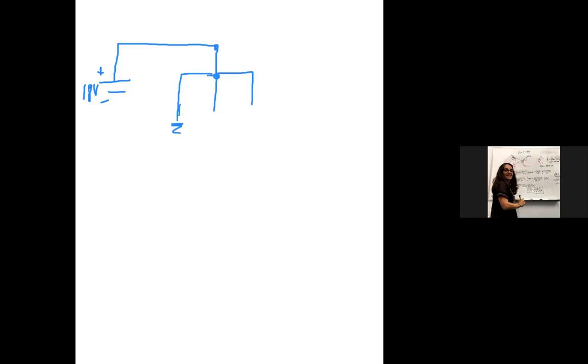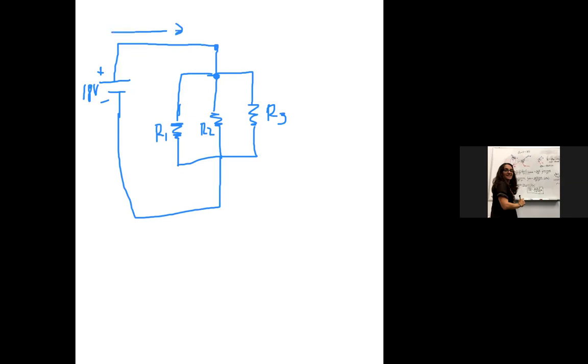We're going to have resistor 1, resistor 2, resistor 3, and then everything's going to flow back into my battery. Okay, so this is going to be R1, R2, and R3. The total current coming out of this is what I'm going to call I without any subscripts. It's just my total. If I want, I may call it the equivalent.